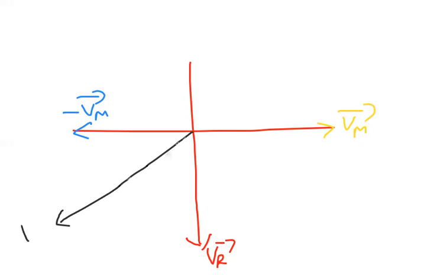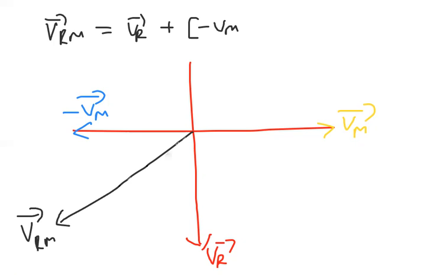I want Vrm bar, because the Vrm bar value is VR bar plus minus Vm bar in this direction. So this is theta. Theta means angle with respect to vertical. This is the direction of the umbrella where we have to hold it, with respect to vertical, theta.